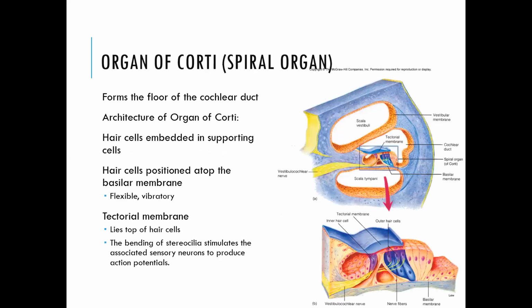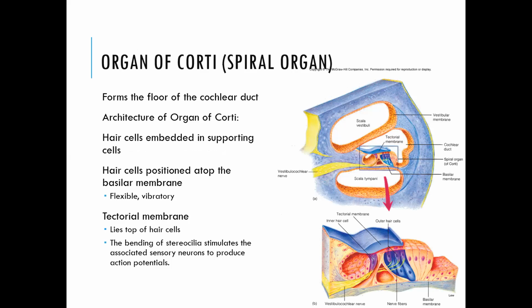And then you have your organ of Corti, which is your spiral organ located in your ear. It forms the floor of the cochlear duct, right? You have hairs that are embedded there, and they are responsible for stimulating your sensory neurons to produce action potentials.